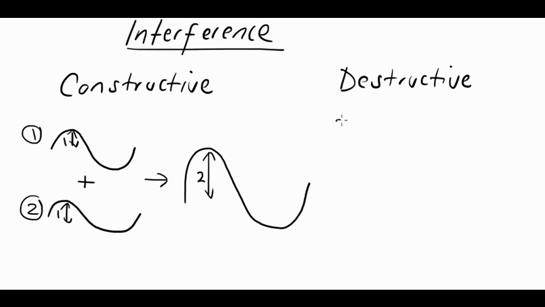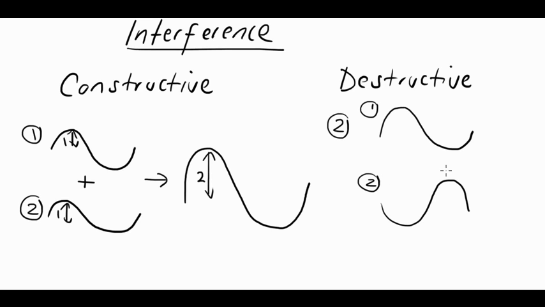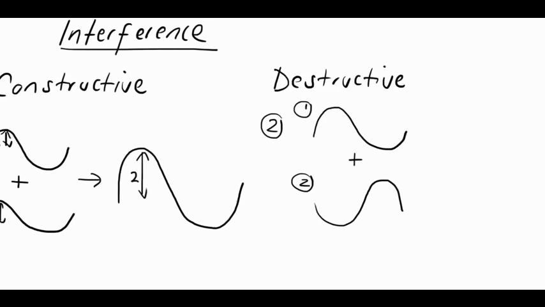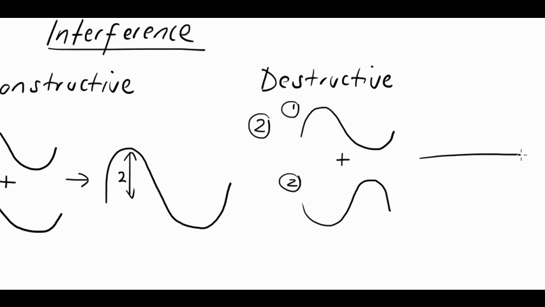If we have two waves and they meet exactly out of phase by half a cycle, in other words, you have the first wave here and that meets a second wave here, they are going to superimpose, but they are going to result in a wave that looks like this.